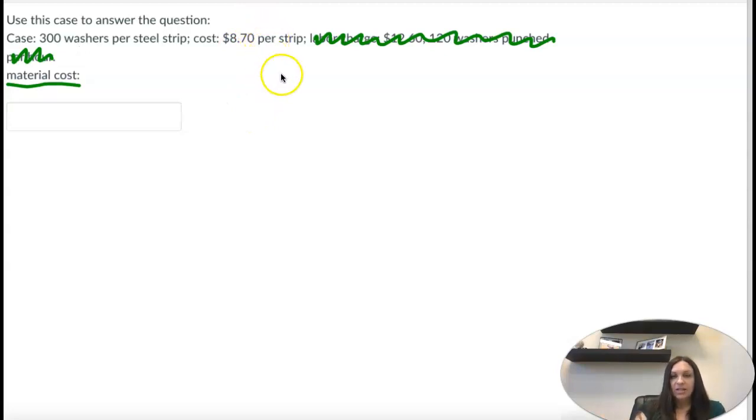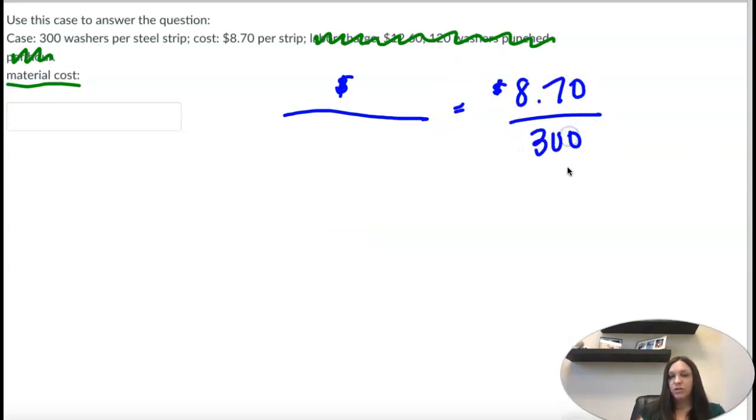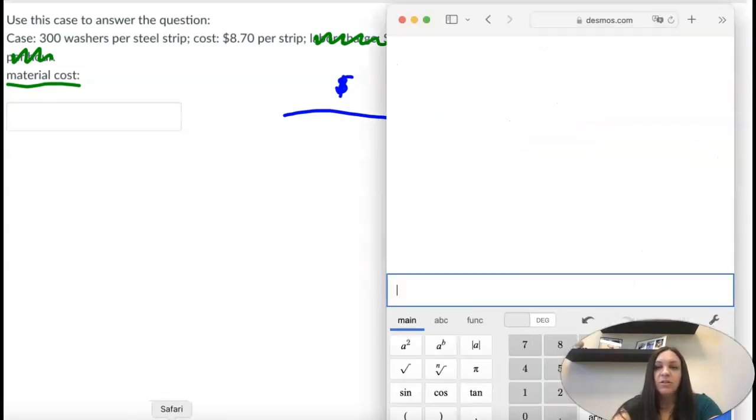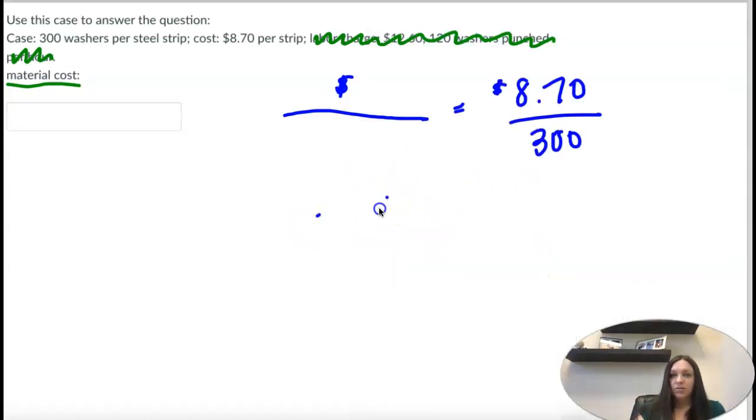Those cost $8.70. So we're going to make some fractions, and it's easiest to remember that the money goes on the numerator. So $8.70, and there are 300 washers. That is going to give us our materials cost. So $8.70 divided by 300, and it's money, right?